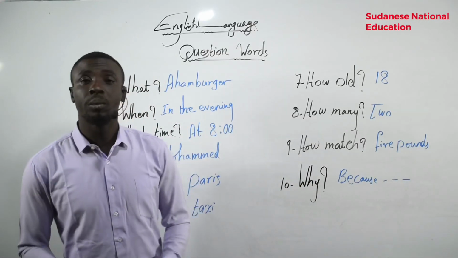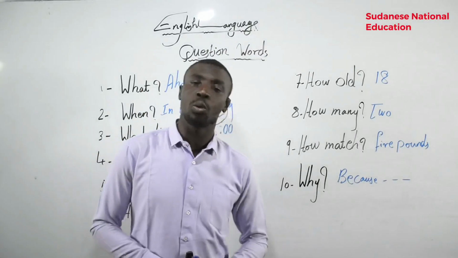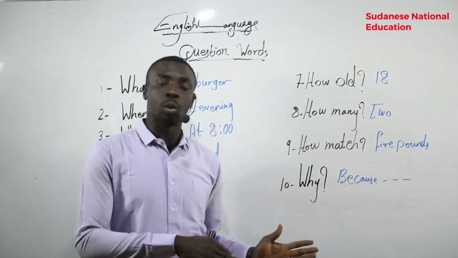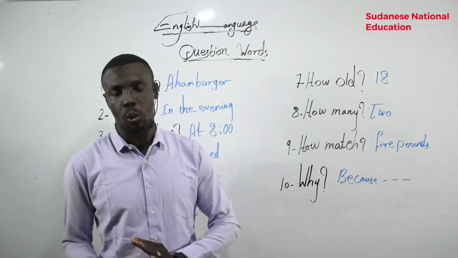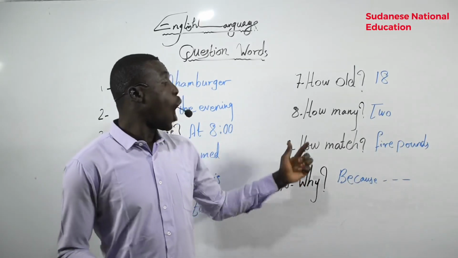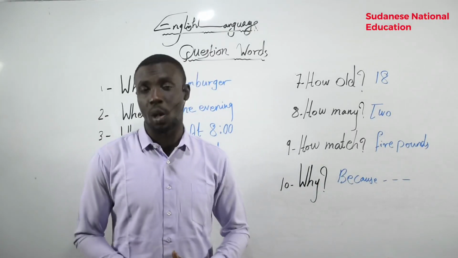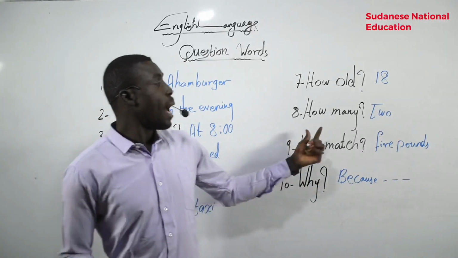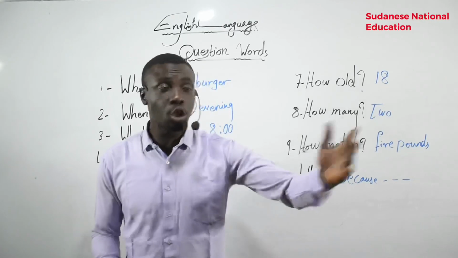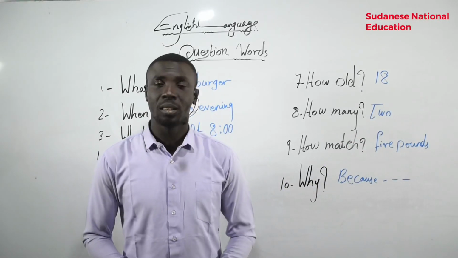How many is used with countable nouns, because we have countable nouns and uncountable nouns. How many is used with countable and how much with uncountable nouns. For example, how many classrooms are there?